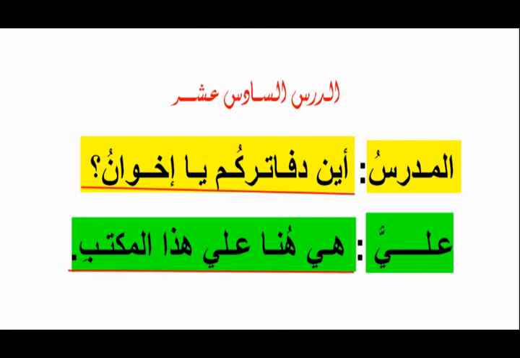Aina dafatirukum. Now, dafatirukum is plural for daftarukum. Dafatir would be plural for daftar, which means notebook. So now you're dealing with something that is plural. Aina dafatirukum. Ya of nida, ikhwanu, which is the munada.